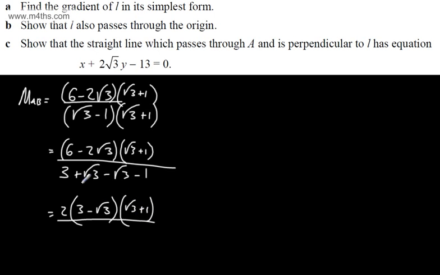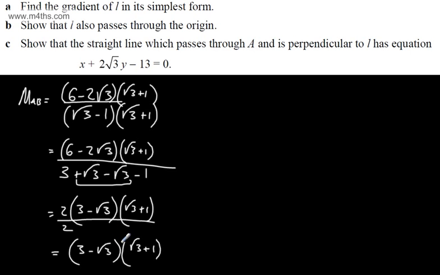If we look in the denominator, these terms are going to cancel. We've got 3 minus 1, which is going to give us 2. So we can simply write that this will be 3 minus root 3, multiplied by root 3 plus 1. So really quite tough. But again, that's in its simplest form.